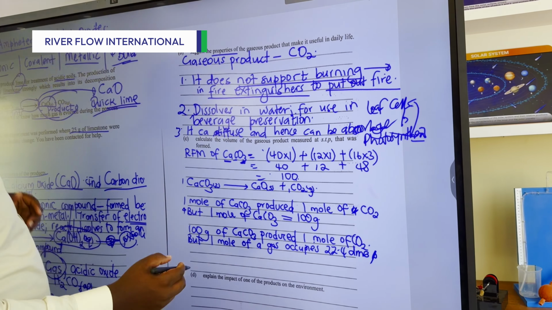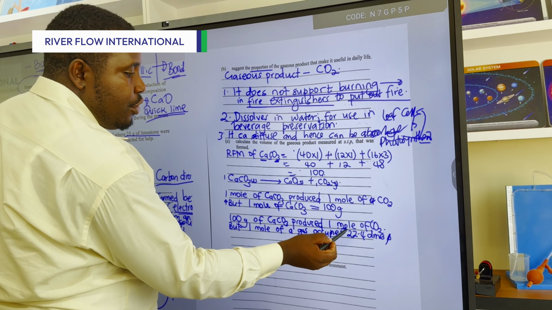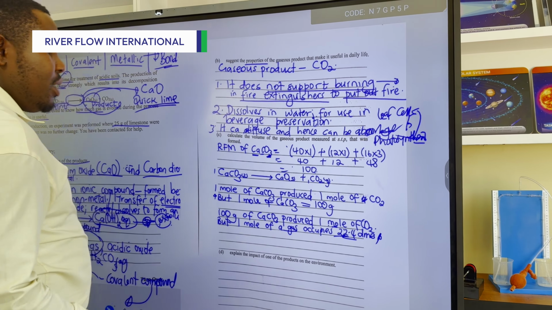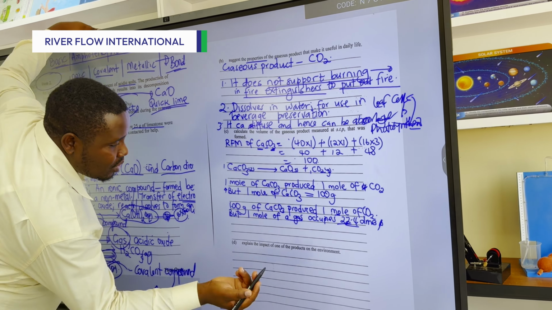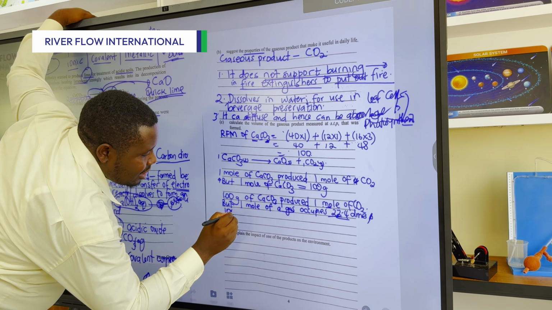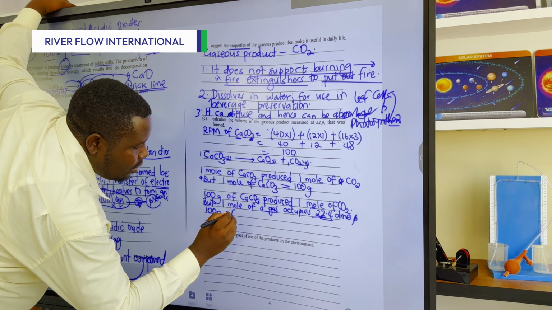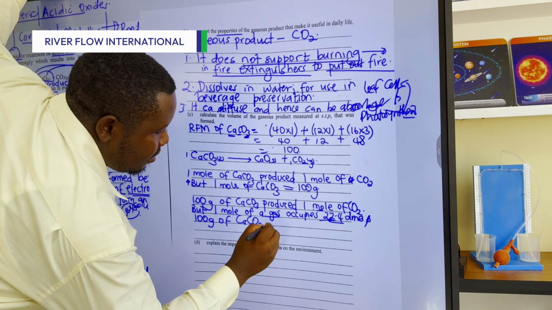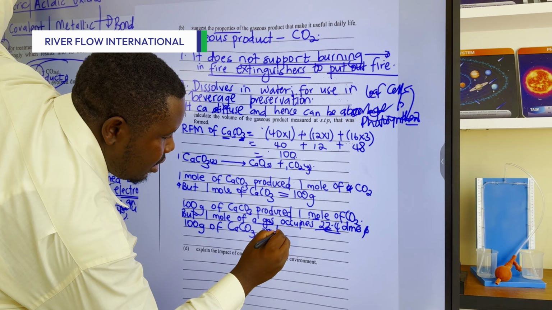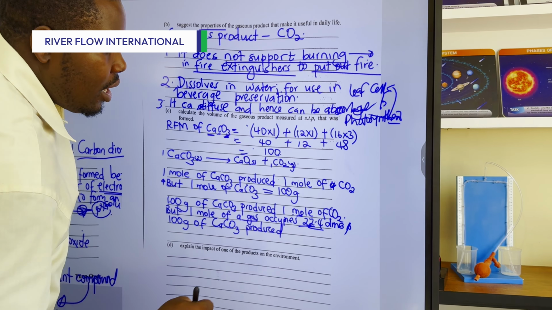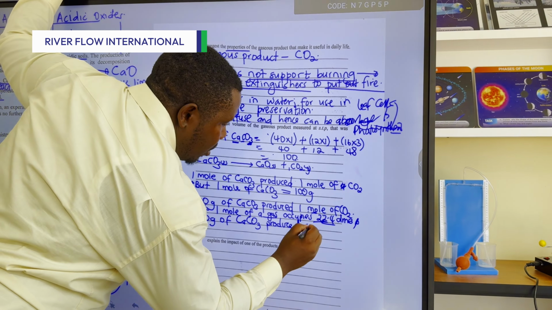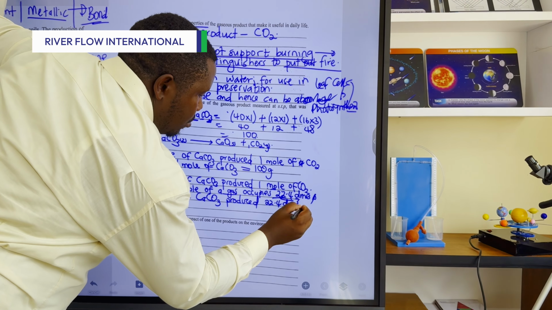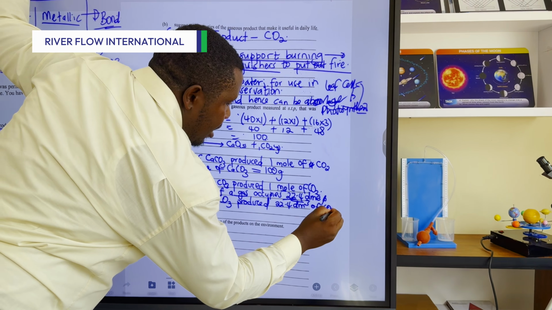Which means this 1 mole of carbon dioxide gas can be replaced by this one, and then I already have this statement. So I will say therefore 100 grams of calcium carbonate produced, what did it produce? 22.4 decimeters cubed of carbon dioxide.